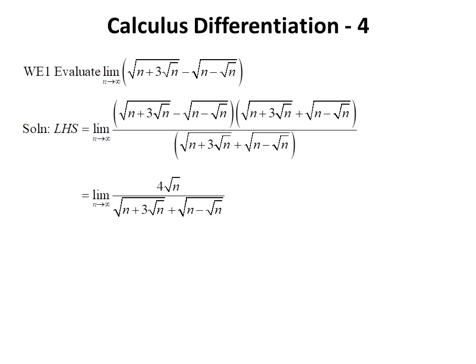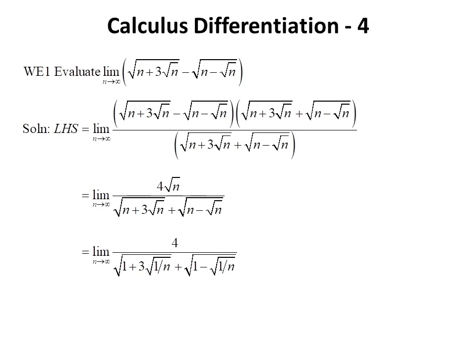Hence, the limit is simplified to the limit of 4 square root of n over the sum of square root of n plus 3 square root of n and the square root of n minus square root of n as n approaches infinity.